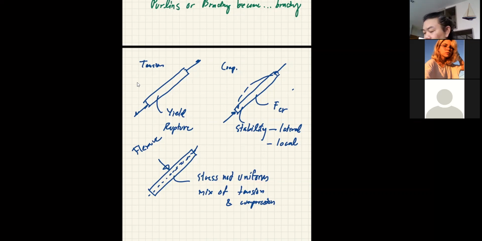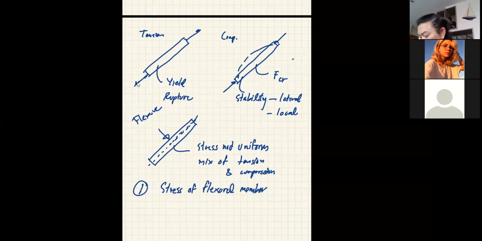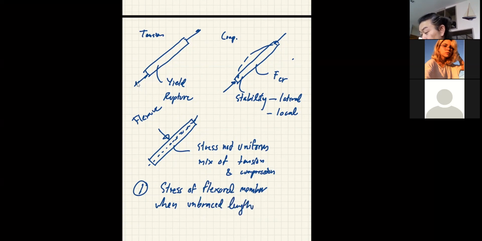So we are going to start off by looking at the flexural member where, first, the stress of this flexural member when the unbraced length is, say, 0, or not an issue.